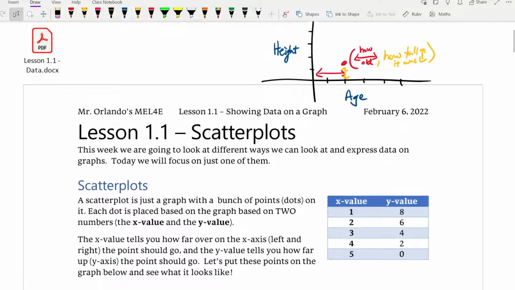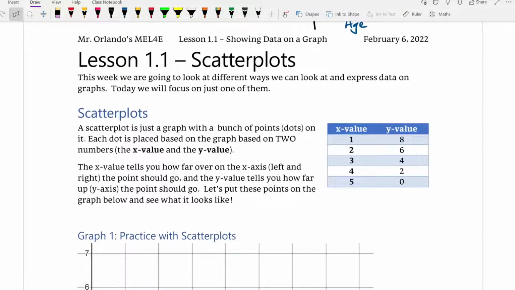So the first thing we want to know is that anytime we make a scatter plot, we're always going to put the first column along the bottom. We call this the x-axis, but I'm not so worried about you knowing it's called the x-axis. Just know that we always put the first column on the bottom, and we put the second column going up and down. There's nothing magical about that.